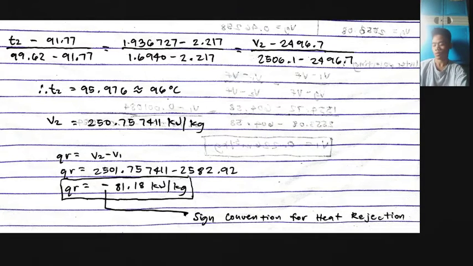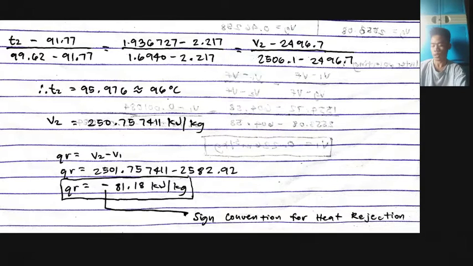While our U2 equals 2501.757411 kilojoules per kilogram. And next, QR equals U2 minus U1.